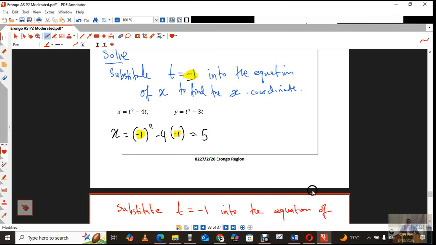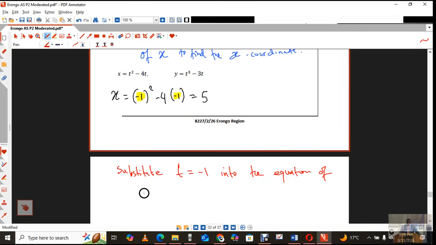Hopefully you can read my handwriting. To find the y coordinate.